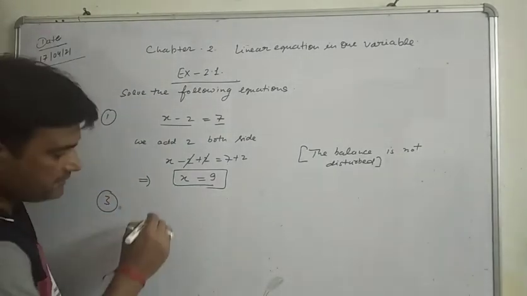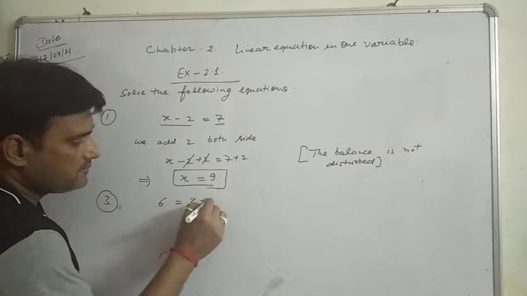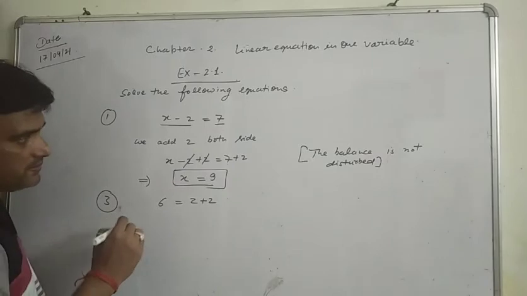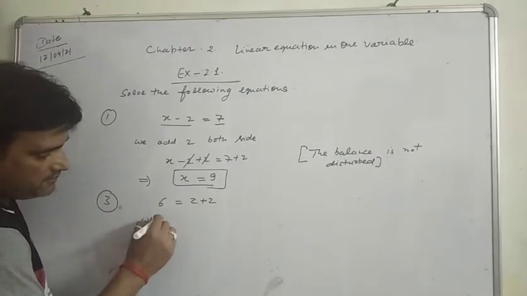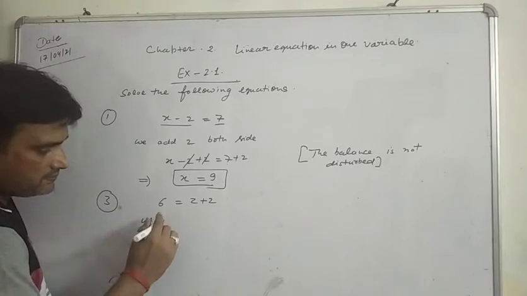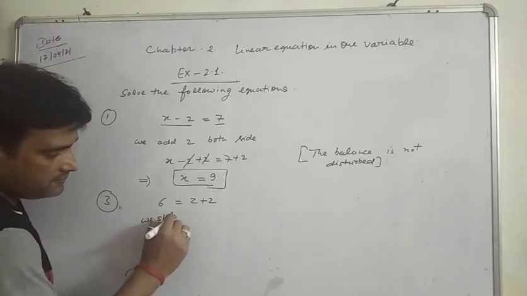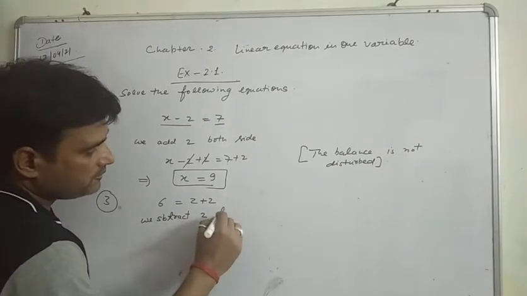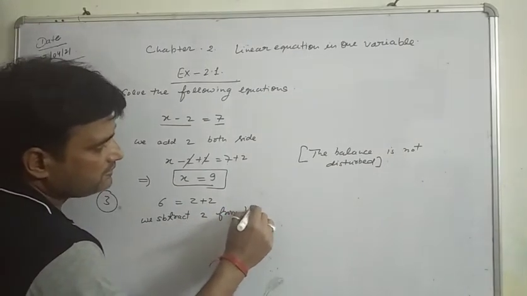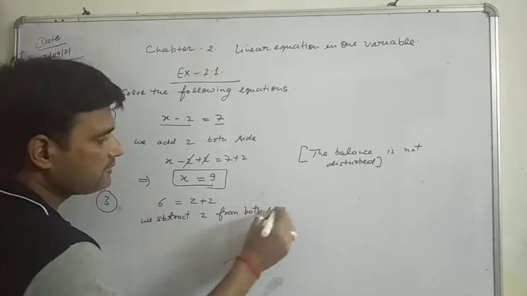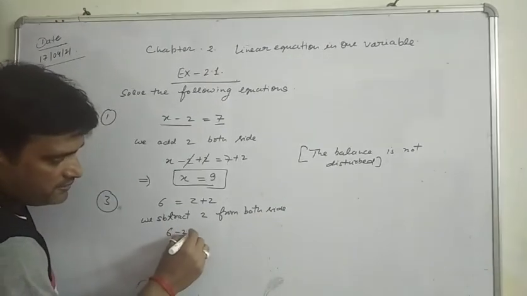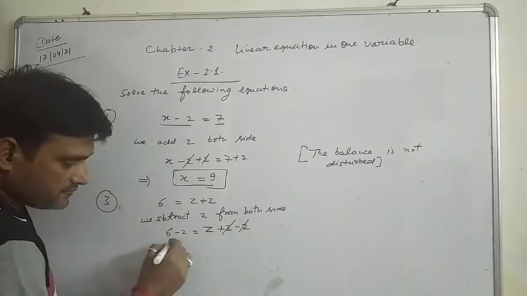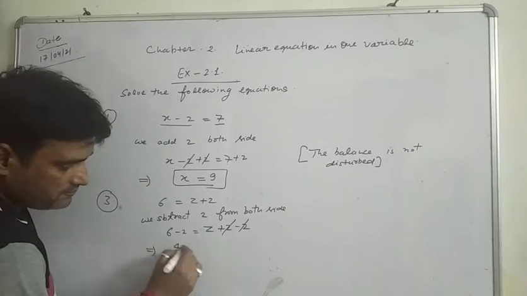Now we take question number 3. Here you see that 6 = z + 2. We subtract 2 from both sides. 6 - 2 = z + 2 - 2. 2 cancels out by 2. 6 - 2 is equal to 4.